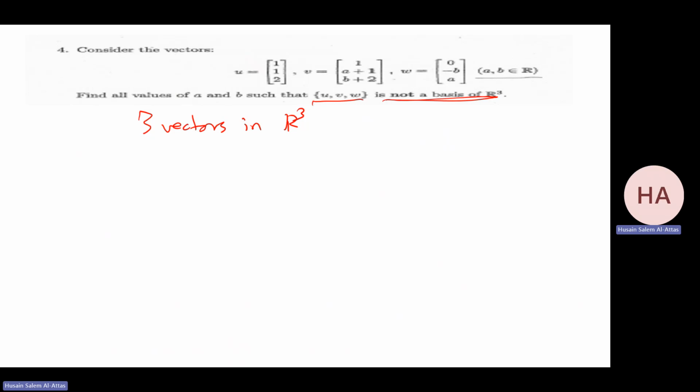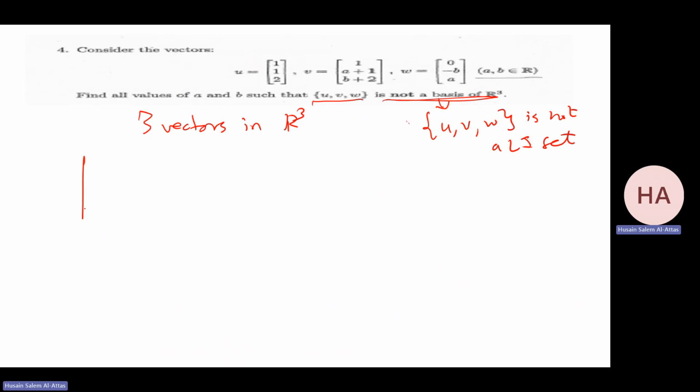I need to check the linear independence. They not forming a basis means U, V, W is not a linear independent set. Because if it's a linearly independent set, then for sure they form a basis.